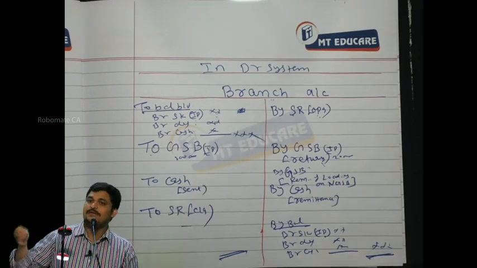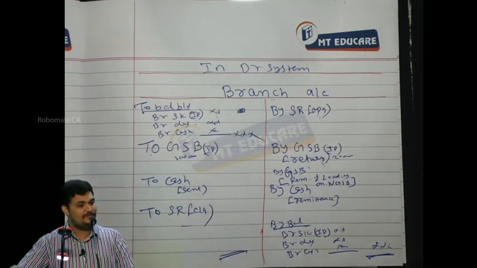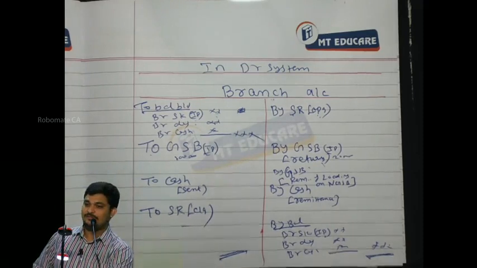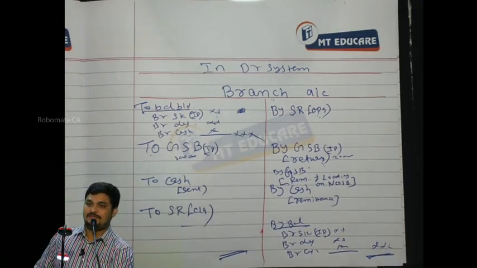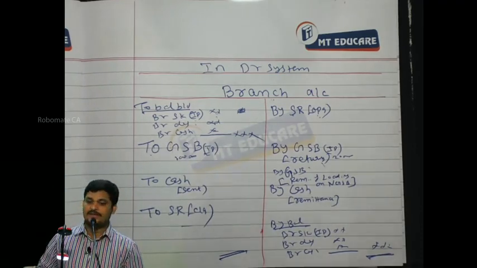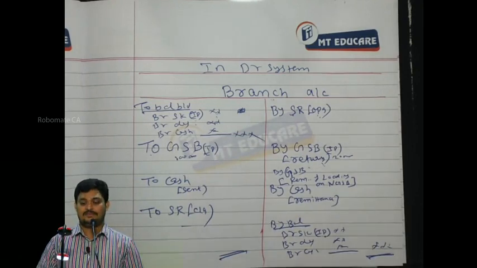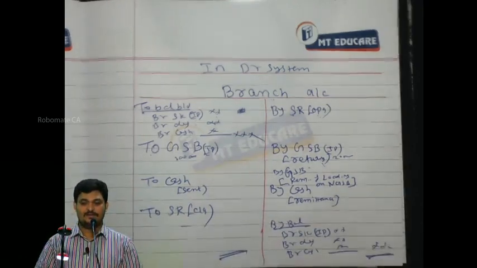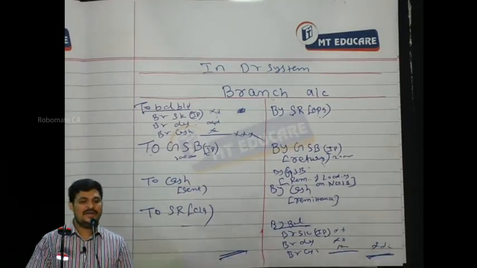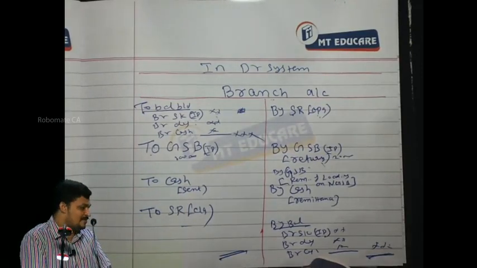Understood? 20 by 100 on cost equals 20 by 120 on invoice price. Everybody? 15% on cost: 15 by 100 on cost equals 15 by 115 on invoice price. You should know how to convert this.